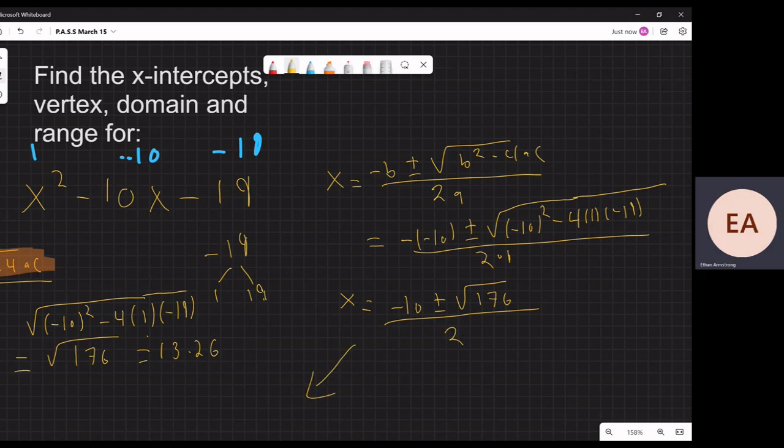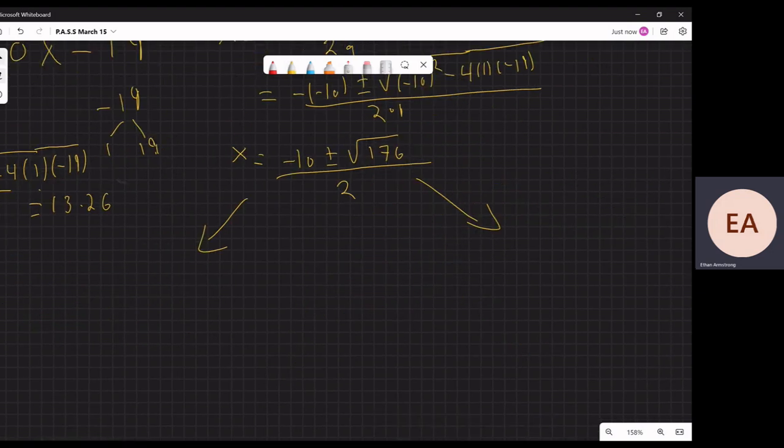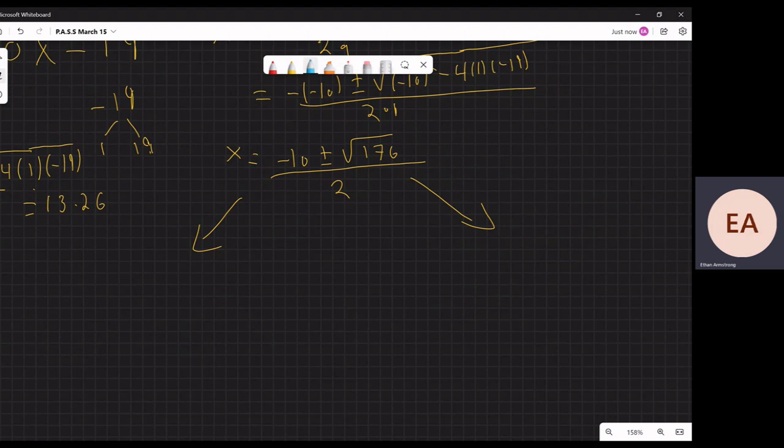So now we can split this apart into two different equations, one where we add the square root of 176 and one where we subtract. Let's add it first.